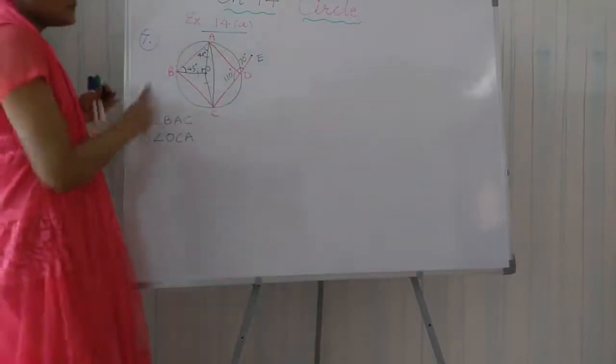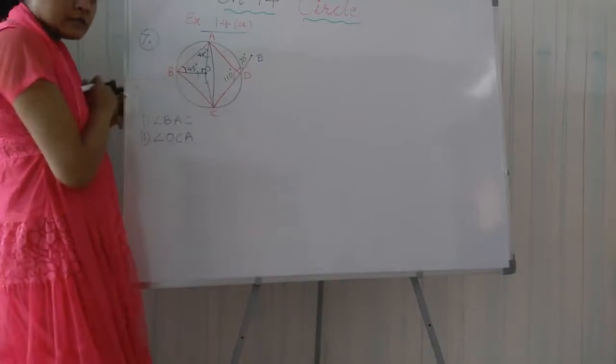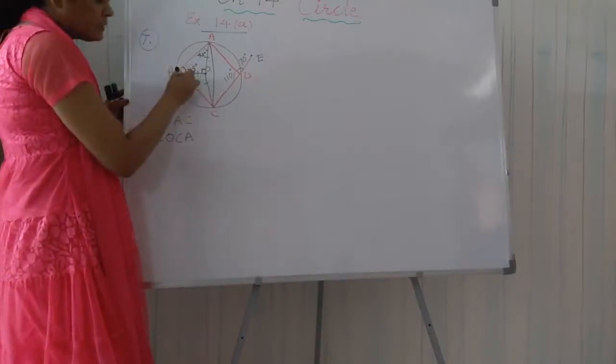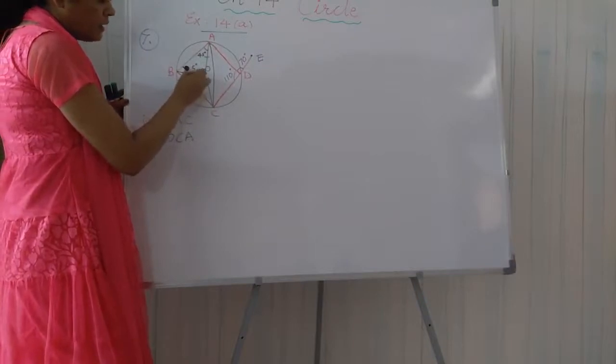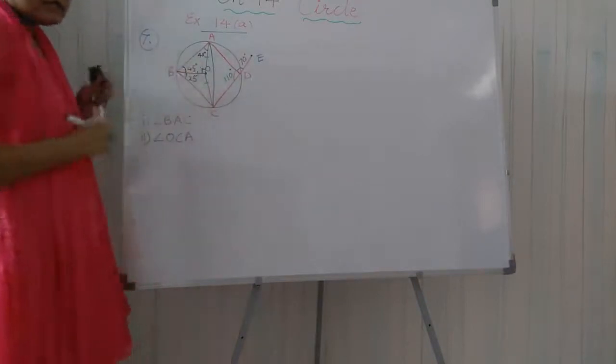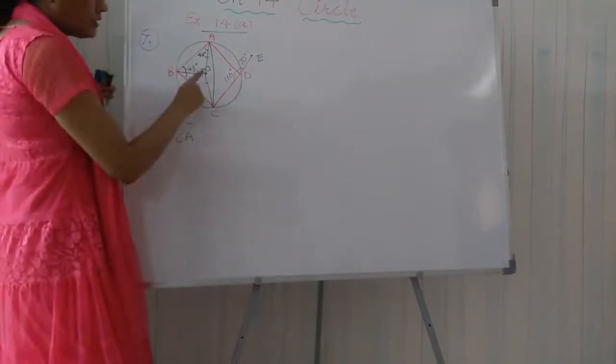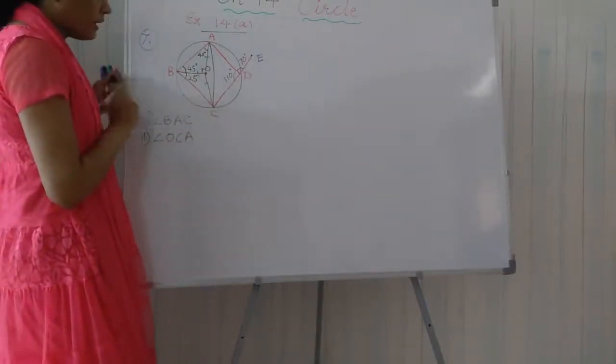So if this is 70 degrees, this must also be 70 degrees, but here it is 45 degrees. So let me write this part as 25 degrees, so the sum of them becomes 70 degrees. The next thing is OB is equal to OC, as they are radii.